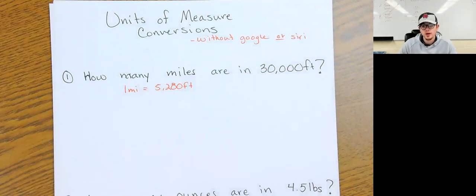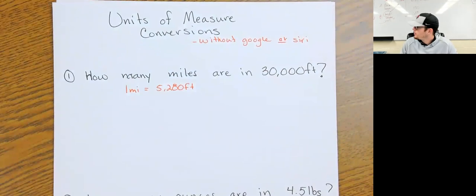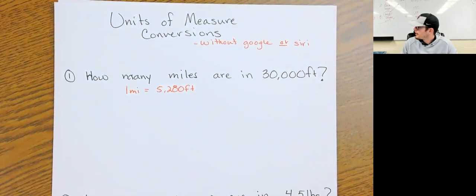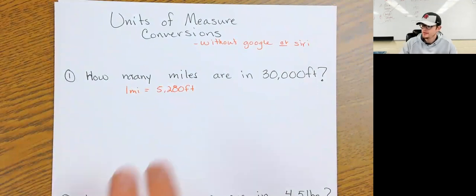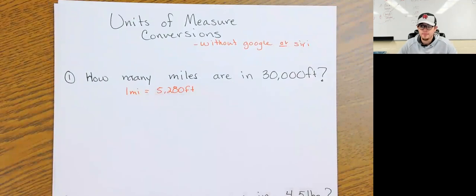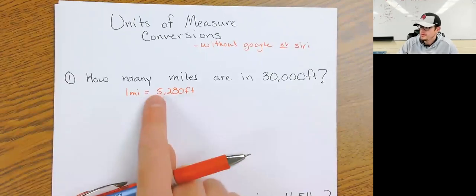So that's a quick conversion. And the foolproof method to solving units of measure conversions, if it's a simple one, is setting up a side-by-side fraction with an equal sign so that you can cross multiply. What I mean by that is this is a ratio.